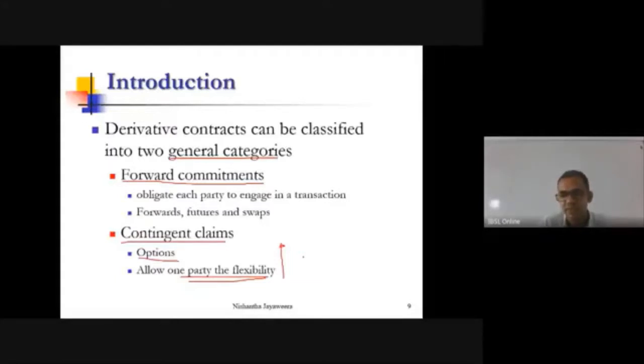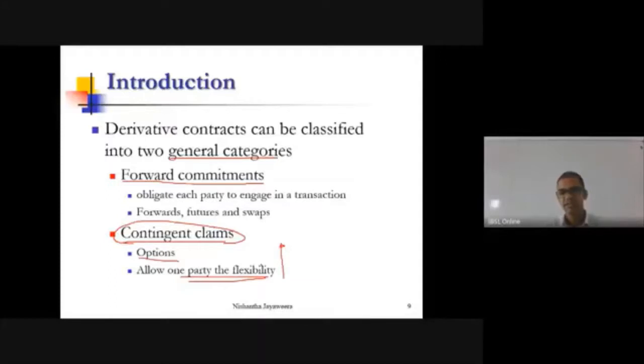So as a buyer of the insurance, you don't have to make the claim. It's up to you. In options also, you have the same flexibility. In contingent claims, the buyer has the same flexibility, whether to make a claim or not.